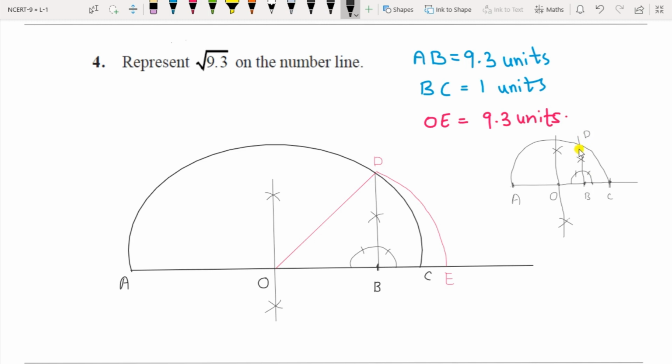Now keep the compass on point O and taking distance up to D, make an arc like this. So this is your point E, and OE, from O to E, this is your root 9.3 units. So this way you have to show root 9.3 on the number line.